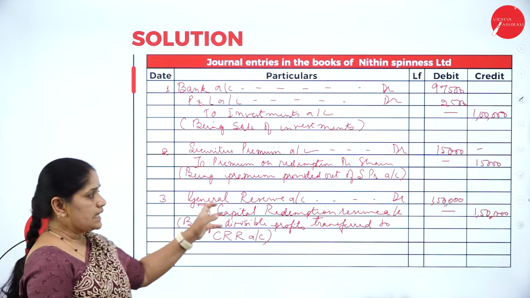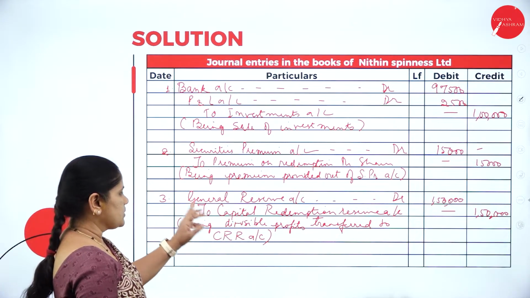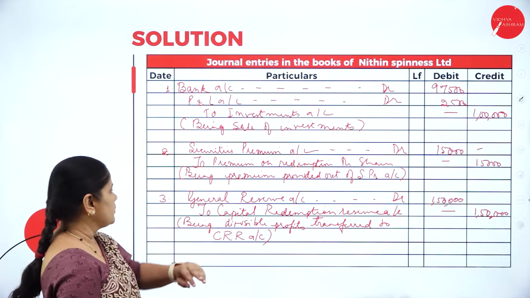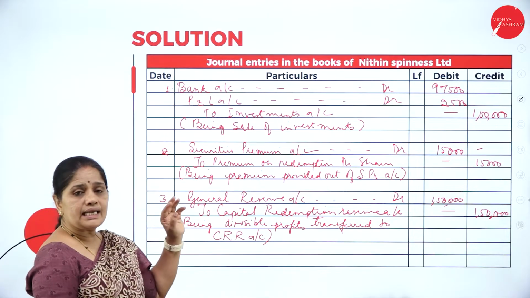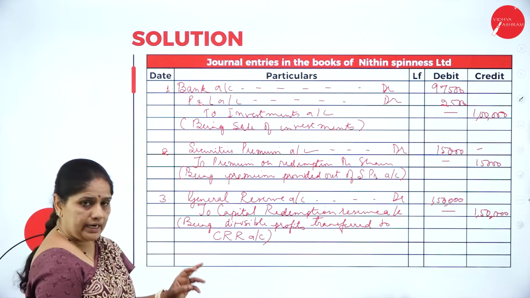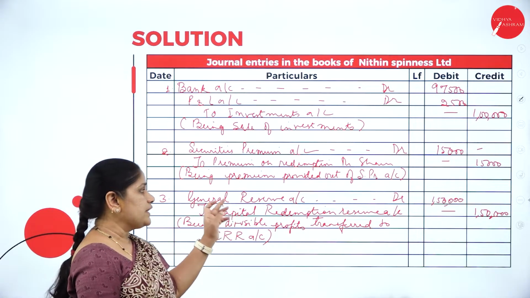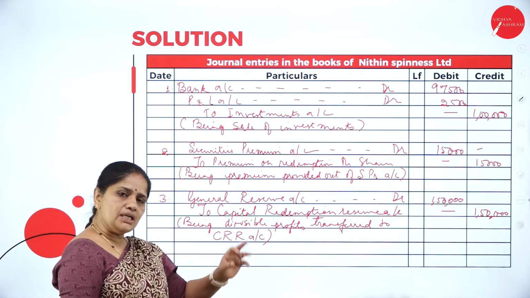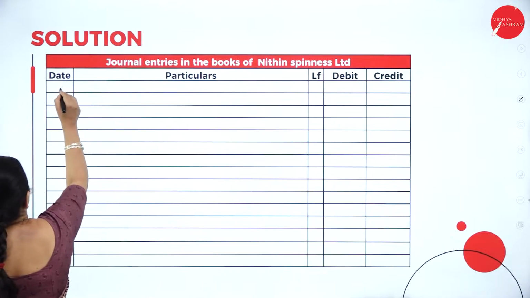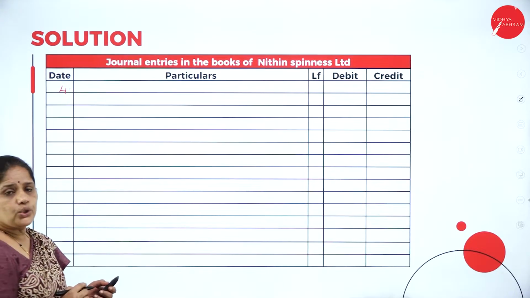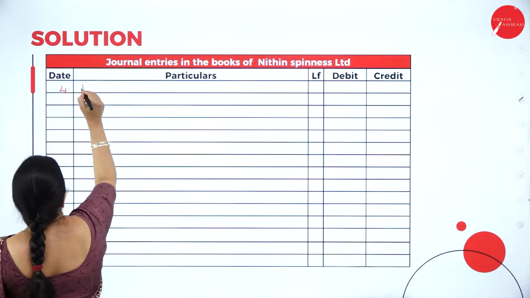So whenever you are making use of divisible profits for redemption, you have to transfer an equal amount to capital redemption reserve account. Then the next entry will be for the money due to preference shareholders.